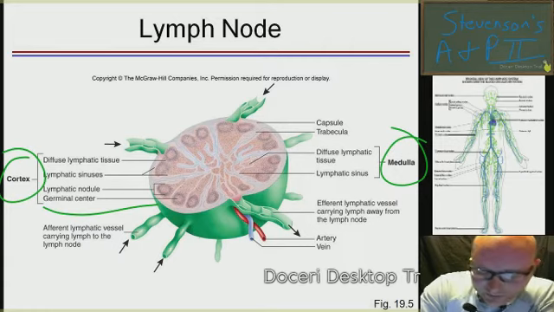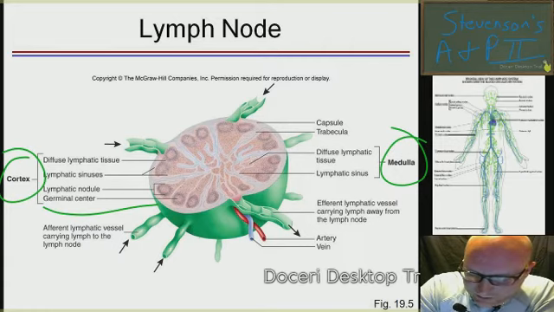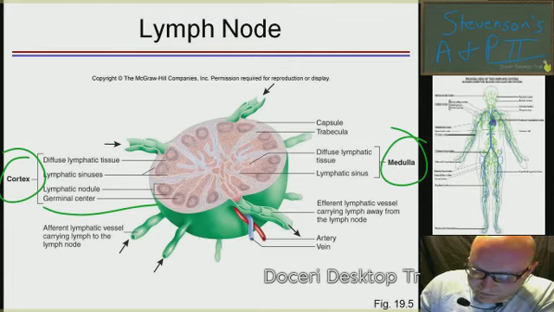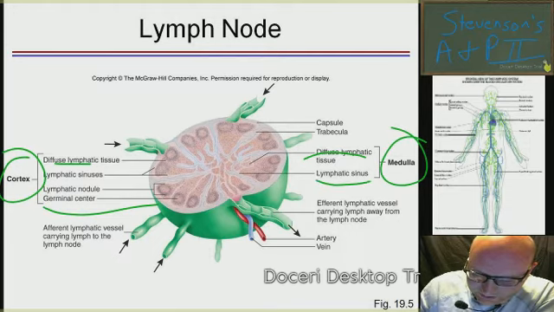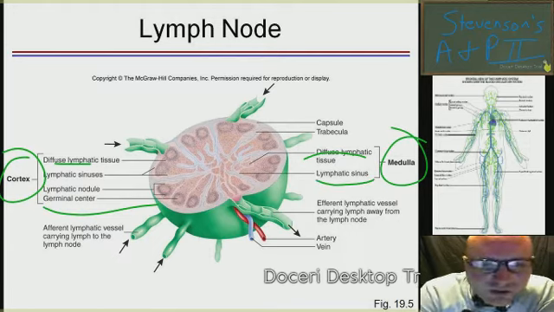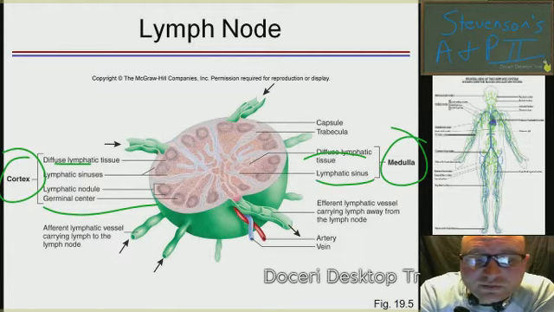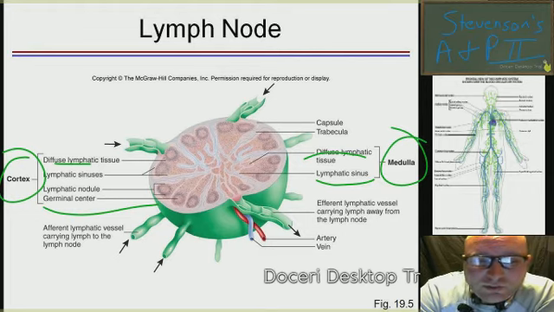And then over here on the right-hand side of the screen, we see the medulla. It's composed of diffuse lymphatic tissue, just like the cortex is, but it also has lymphatic sinuses. Remember the sinuses are gaps, so those are areas in which things can be stored, or things can be moved through.